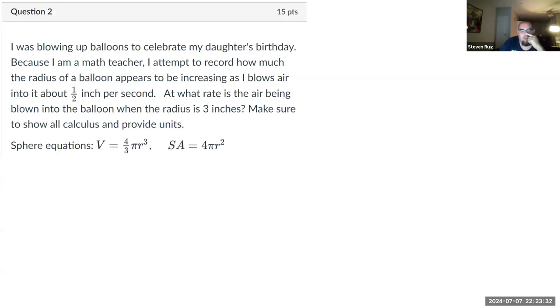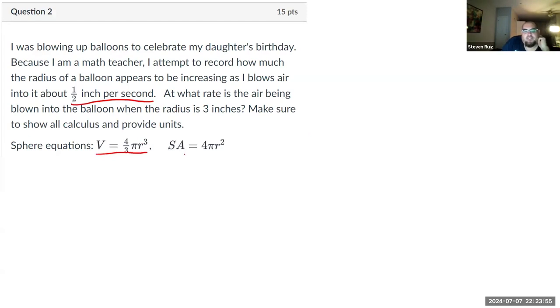So we're given some sphere equations here. What are some things we can identify first? I'm going to start keying in on rates here. So I see 1/2 inch per second. Let's go with the sphere equations.